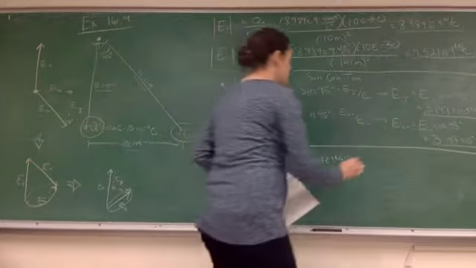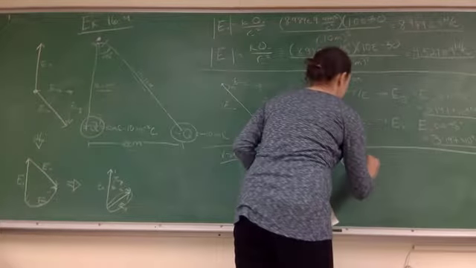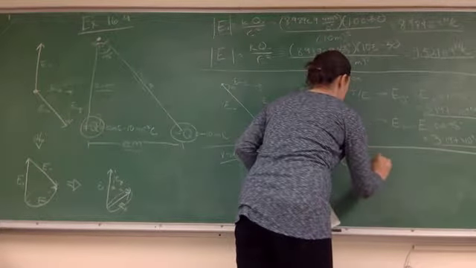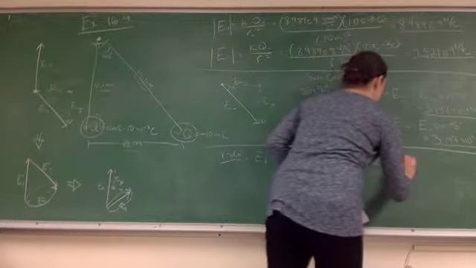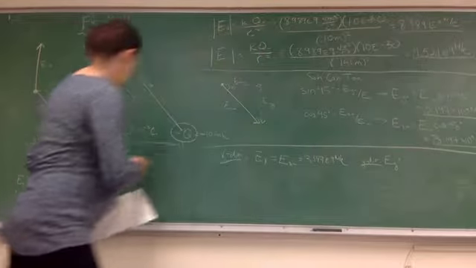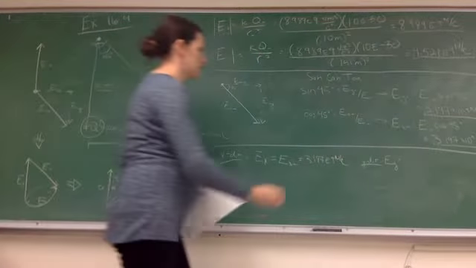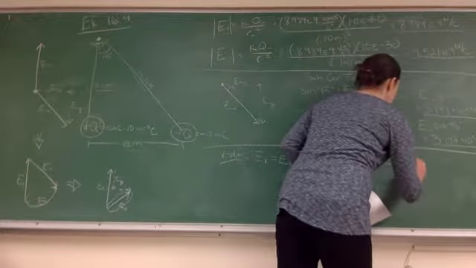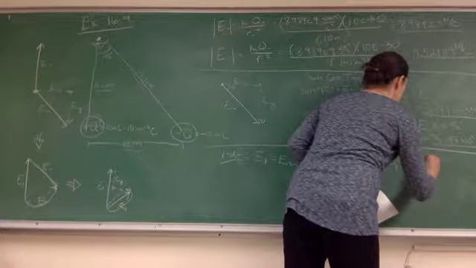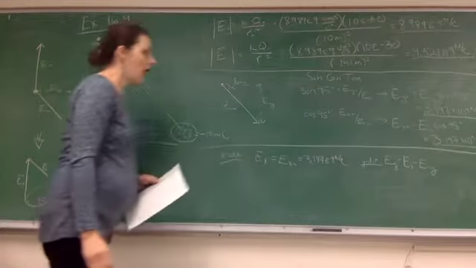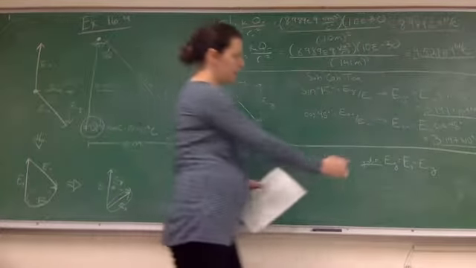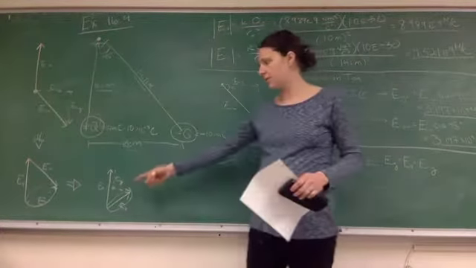In the y direction, it's a little harder because we have the two. So E_y is going to be these two vectors added together. So that is E plus minus E minus y. I went ahead and put a minus here because I know that these point in opposite directions.